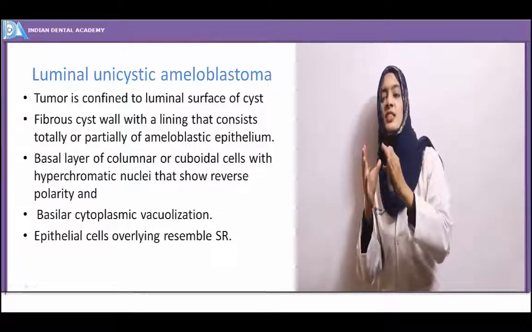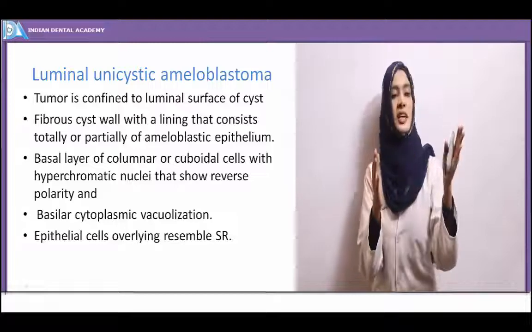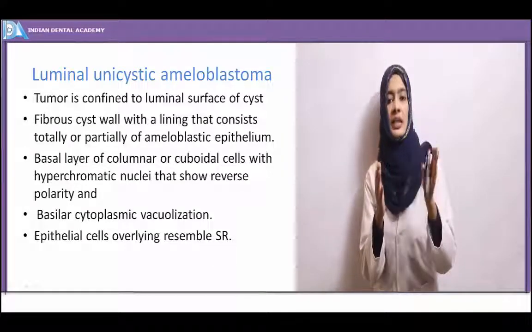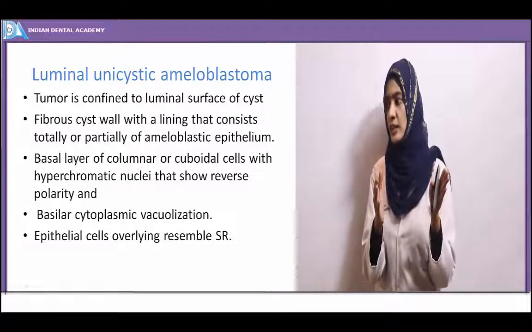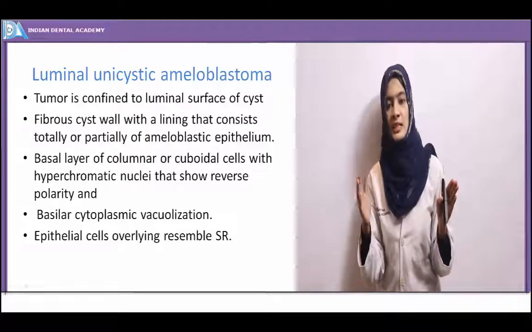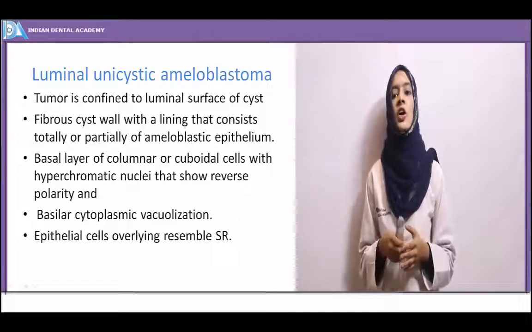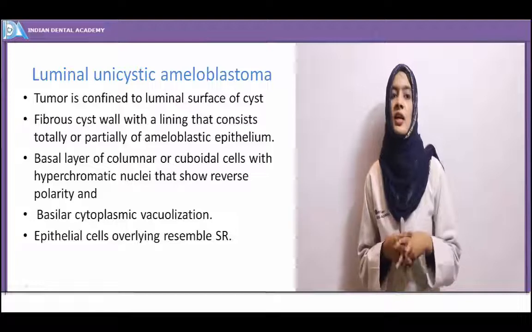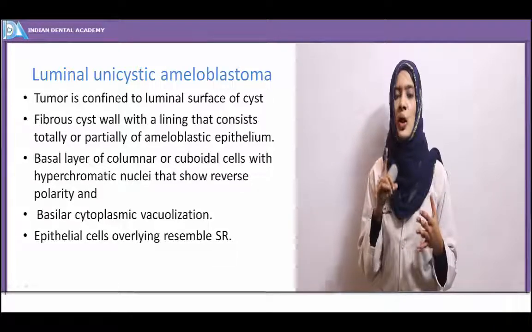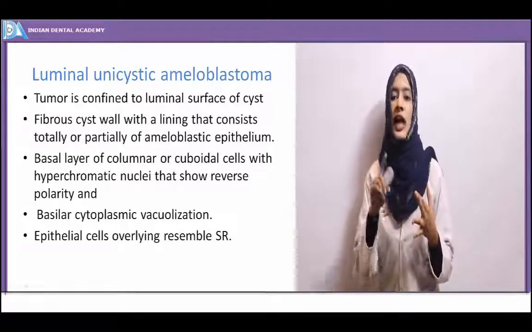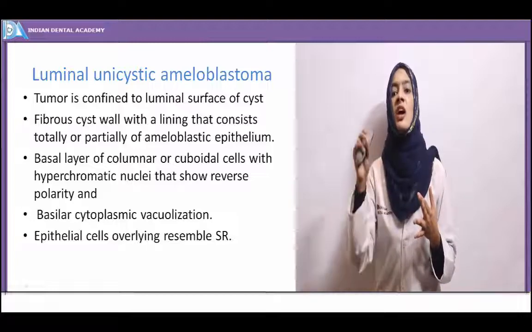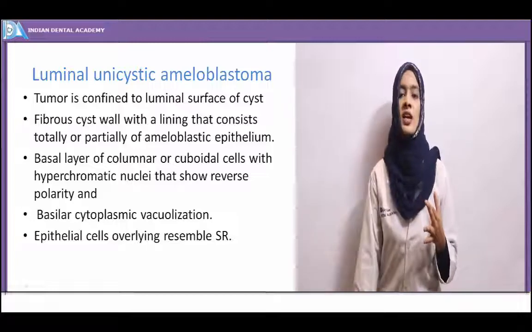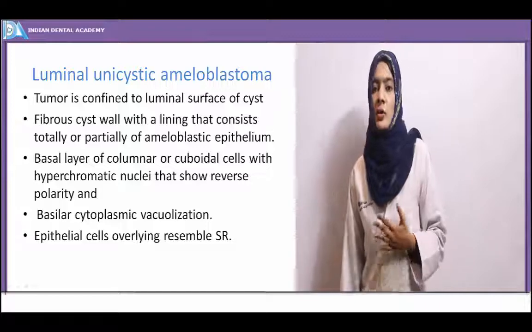On one side, there is a fibrous cyst wall with a lining that consists of the odontogenic epithelium. The other side shows a basal layer of columnar or cuboidal cells. These columnar cells show hyperchromatic nuclei and the characteristic reverse polarization as seen in the tall columnar cells of the solid variant of ameloblastomas.